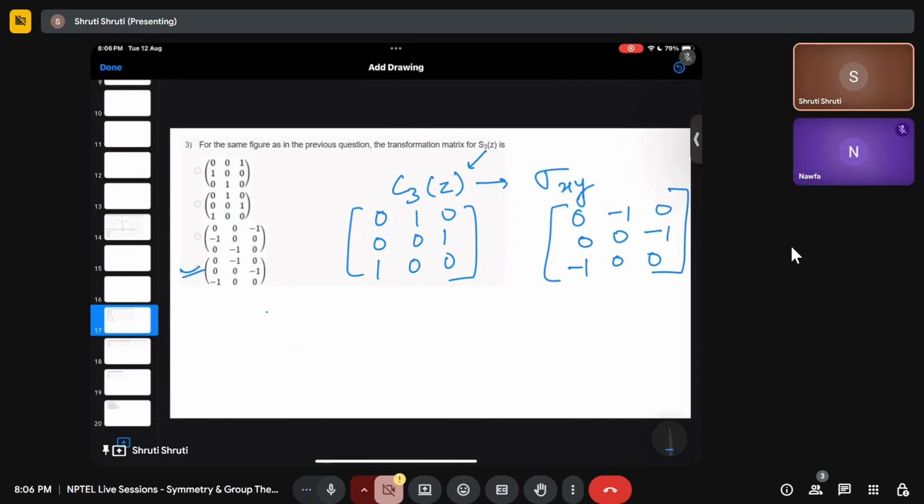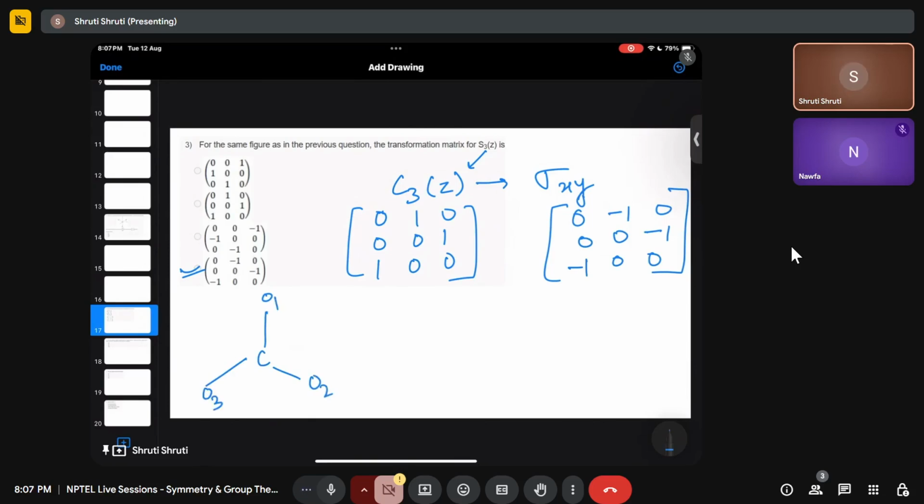How different? C and D are rotated, so transformed. It means, the C3 rotation, so this is 1, 2, 3.